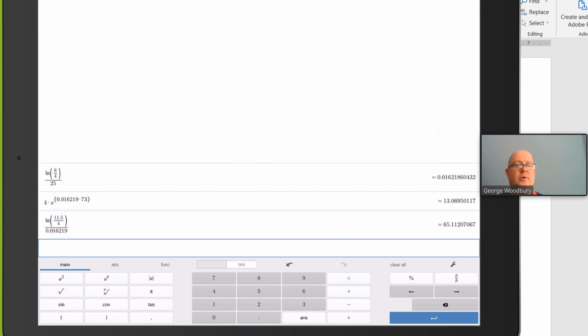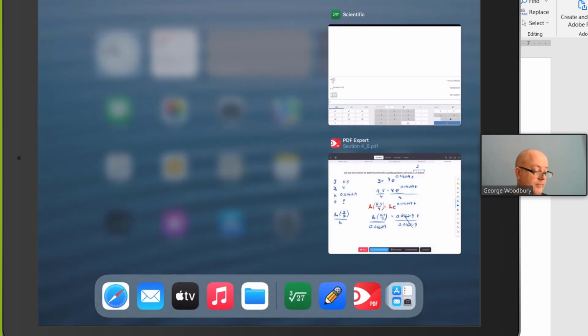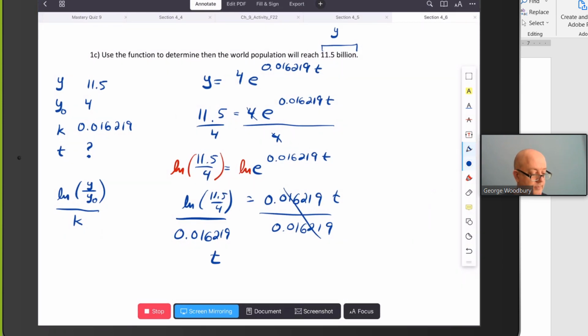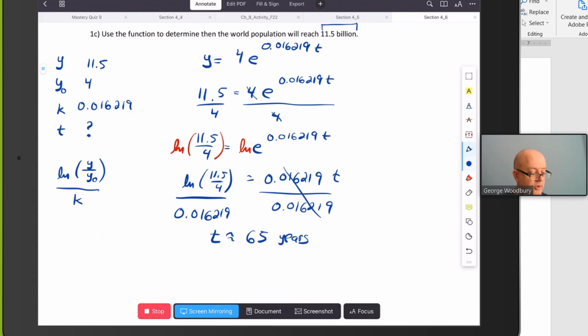We were looking for a year, so I'm going to round that to the nearest year, 65 years. And we do need to add that to our starting year. 1974 plus 65 is 2039. Come back in 2039 and let me know how we did.